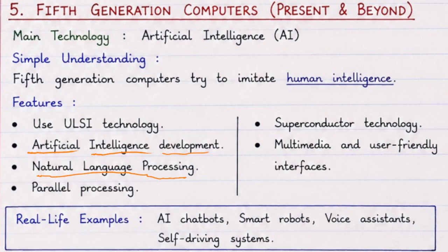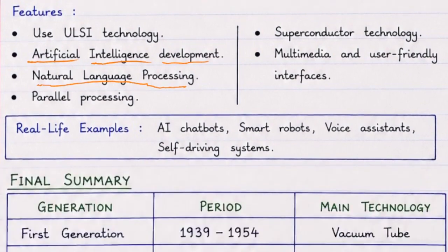Take me to the bus stop in your EV car. There's natural language processing. There's parallel processing, superconductor technology, multimedia and user-friendly interface, UI UX. Very nice UI UX. So AI chatbots, smart robots, voice assistants, self-driving systems are examples of the fifth generation computer.